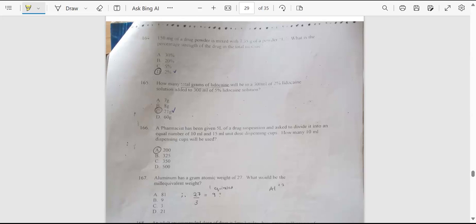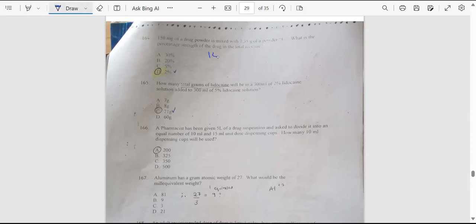It says that 150 mg of a drug powder is mixed with 7.35 grams of a powder. So 150 mg is the pure drug, 7.35 grams is the excipient. So you can convert the 150 mg to grams. You divide by 1,000, you get 0.15 grams.